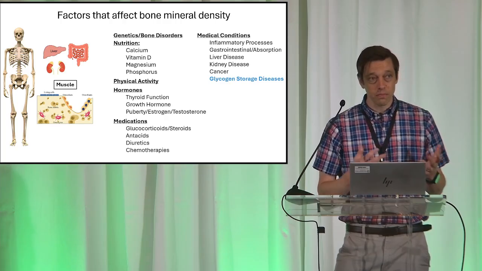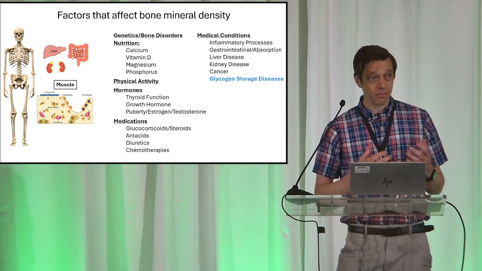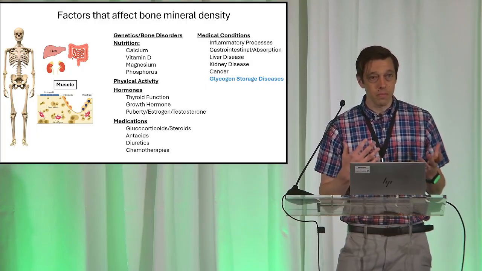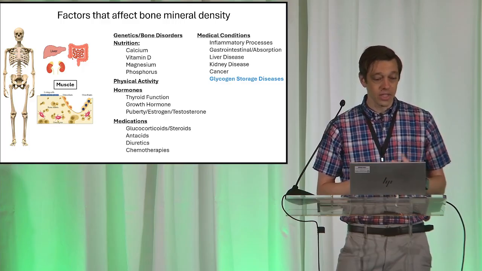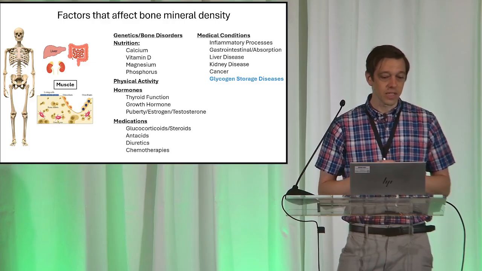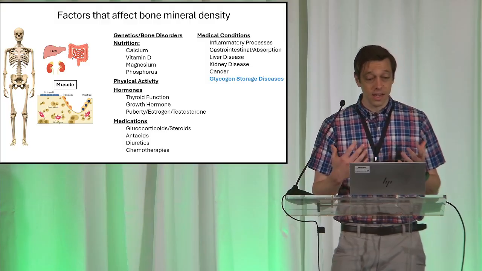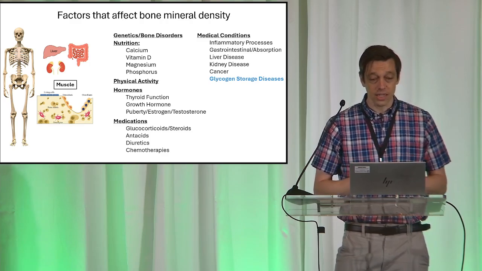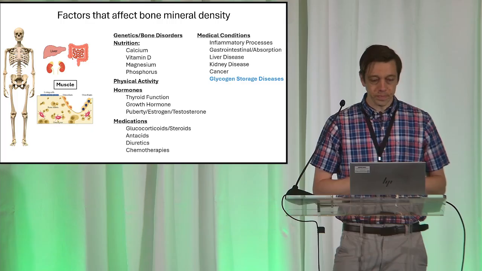The first aspect we could think about is the instruction manual, the genetics. Are our bodies appropriately making the collagen, and do we have appropriately functioning osteocytes and other bone cells to really help to optimize that? And if not, there could be a genetic, primary disorder of bone.